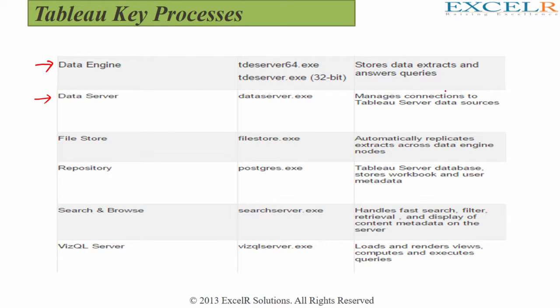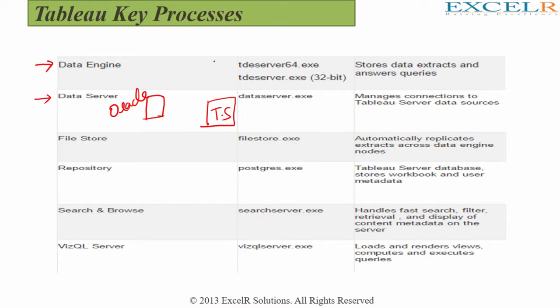Now, the data server manages the connection to Tableau Server data sources. So if you are extracting data from, say, Oracle into your Tableau Server, then your data server would act as a proxy. It is normally only bound to your network resources, but it can be bound to your CPU resources as well, depending on how many users are accessing your Tableau Server simultaneously.